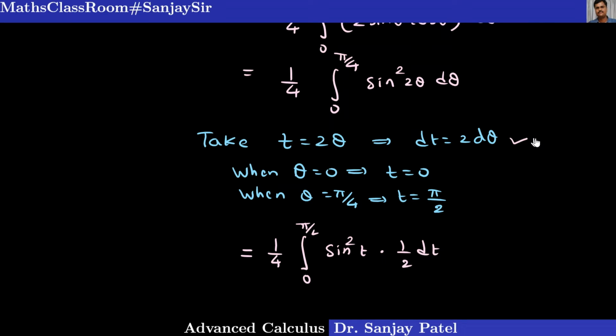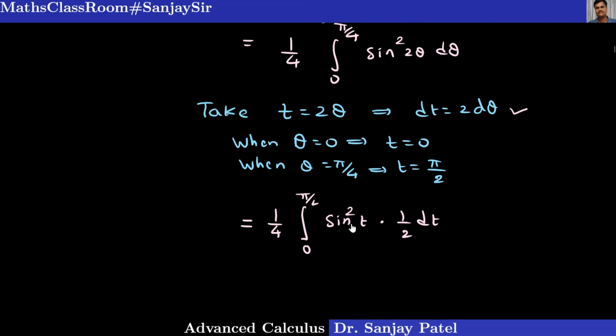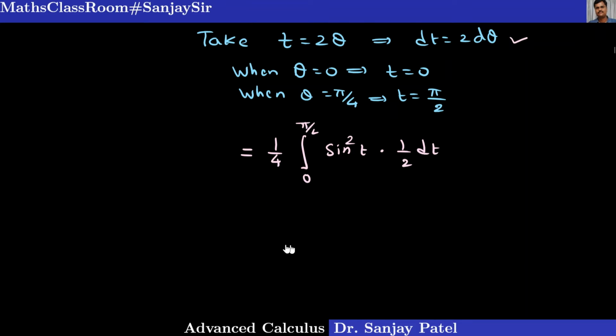So this gives us 1 upon 8 times integral 0 to pi by 2 sine square t dt.